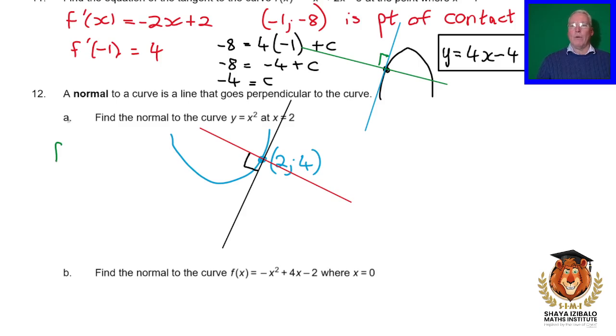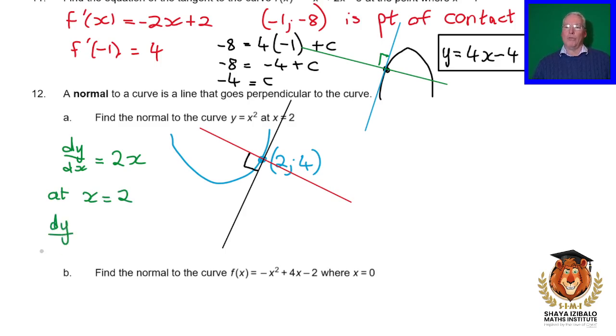So dy/dx equals 2x. At x equals 2, we know that dy/dx will be 2 times 2. It'll be 4.